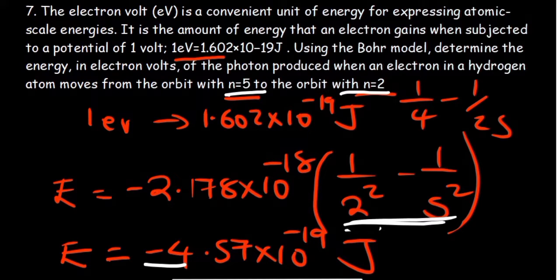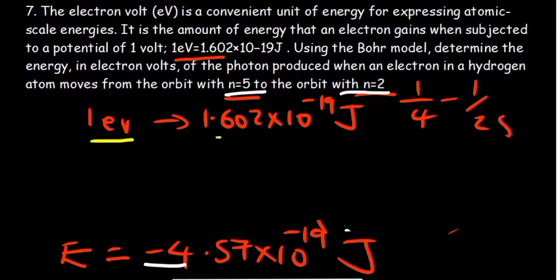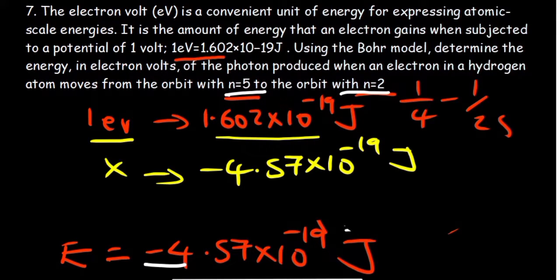So we want to convert them to electron volts by using the ratio that we've been given. What have we been told? We've been told 1 electron volt is equivalent to that amount of energy. So you put that negative 4.57 times 10 to the power negative 19 joules, and we're supposed to divide by 1.602 times 10 to the power negative 19.